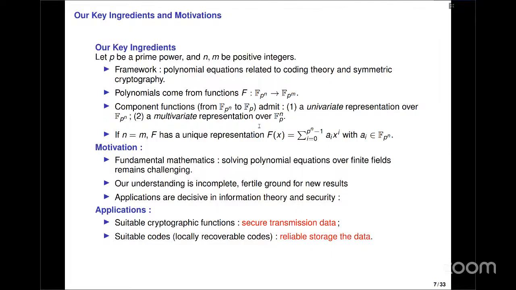Okay. So I explained that our motivation is solved, and because our understanding is incomplete, we want to use that extra, and we are stopped by the literature.